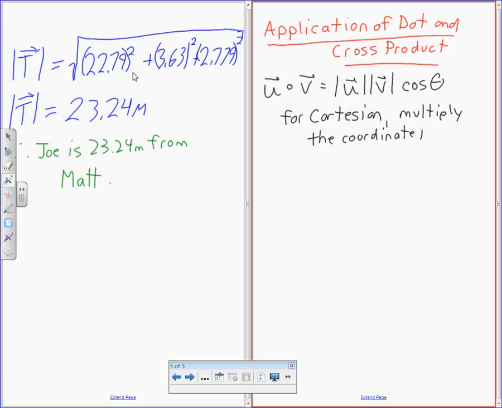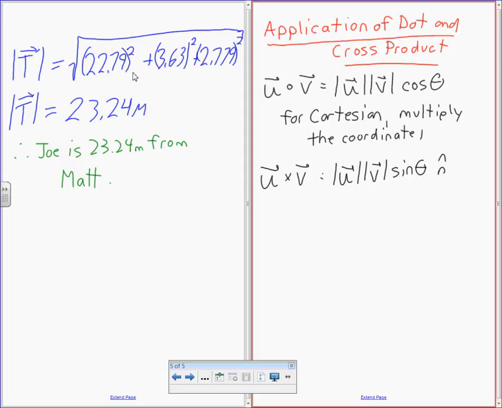Can someone in the back row tell me what U cross V is for non-Cartesian vectors? If you need to look at your notes, feel free. Very good. That will be a vector quantity because of the n hat.